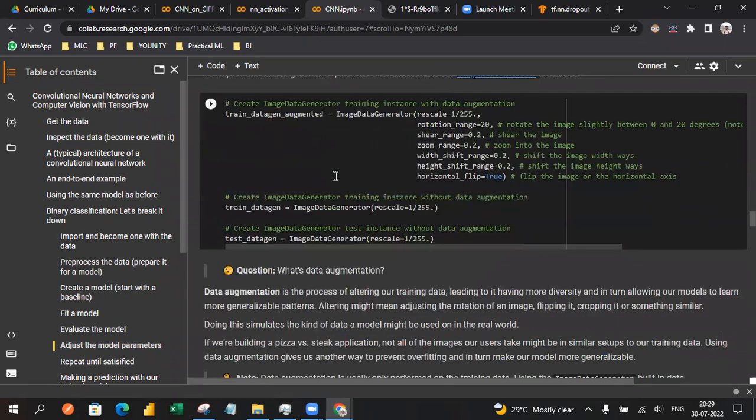We have already seen this image data generator yesterday: some shearing and also rotation, zooming, blurring, and also the width shifting range and the height shifting range. These are some hacks, I can say. Whenever generating new data corresponding to the existing data, you can apply different hacks like this. These are not the only hacks; you can also play around with others.